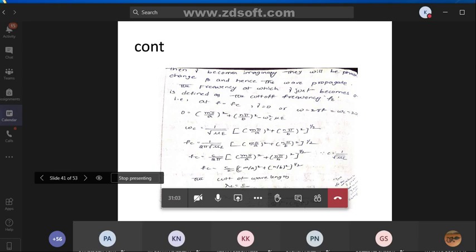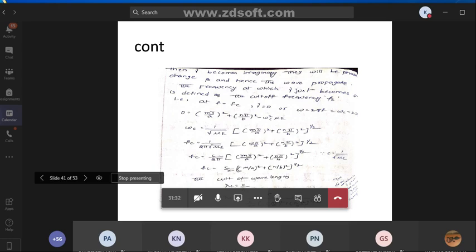Substitute omega c equal to 2 pi fc. Then fc equal to 1 by 2 pi square root of mu epsilon times ((m pi by a) whole square plus (n pi by b) whole square) whole power 1 by 2. In place of 1 by square root of mu epsilon, we can substitute c, since c equal to 1 by square root of mu epsilon.